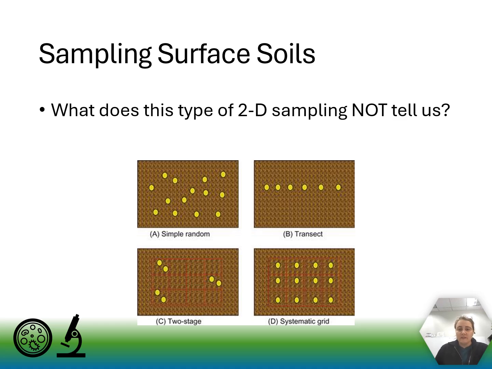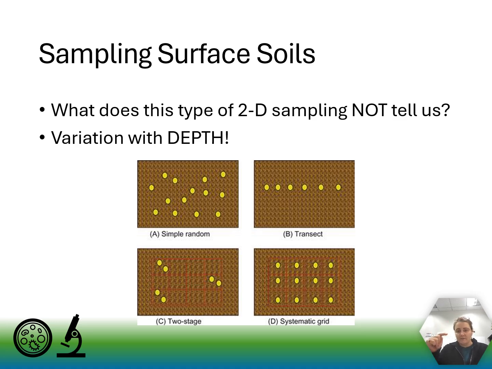So if we're doing these 2D types of sampling, right, remember that this is just on the surface, right? What does this not tell us? Well, it doesn't tell us variation with depth. So variation with depth is also very important. So sampling soils is kind of difficult because we really do have a 3D space that we're dealing with. So the 2D sampling gives us an idea of variation spatially on a plot with like an X and a Y, but the depth is actually very important when it comes to soil as well.